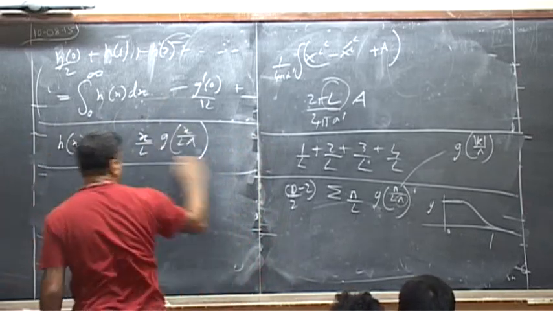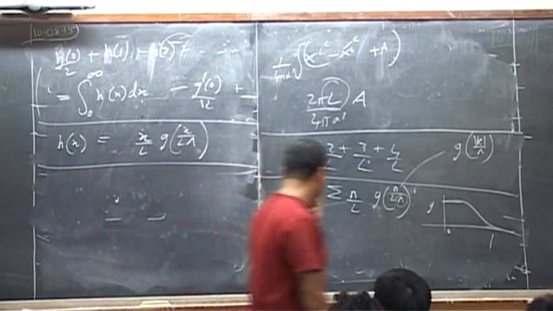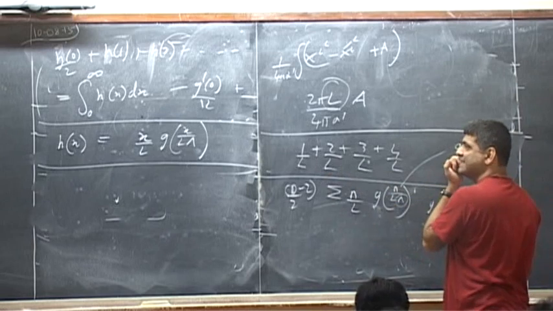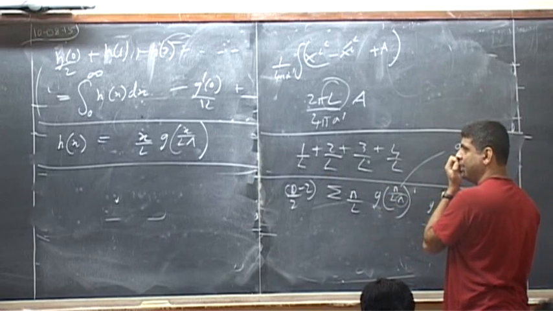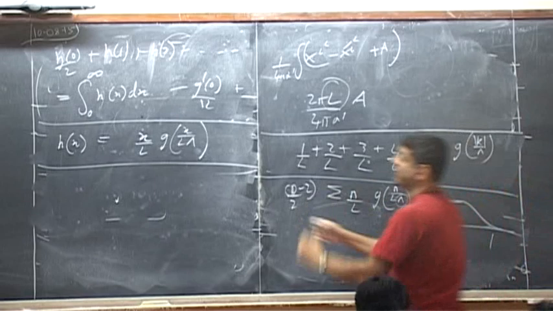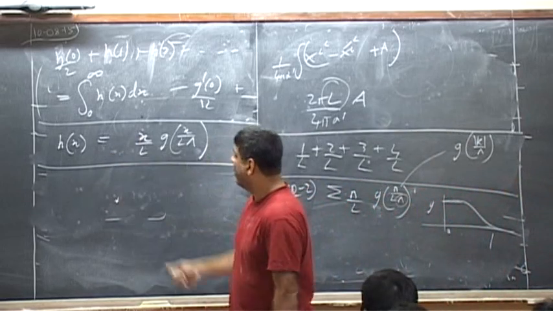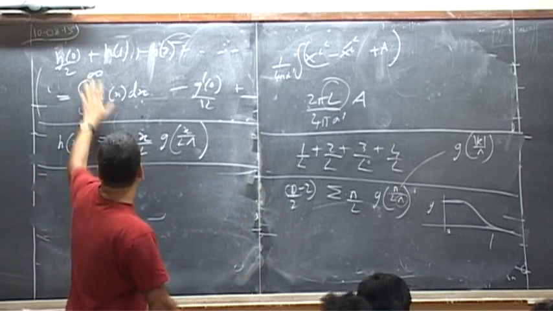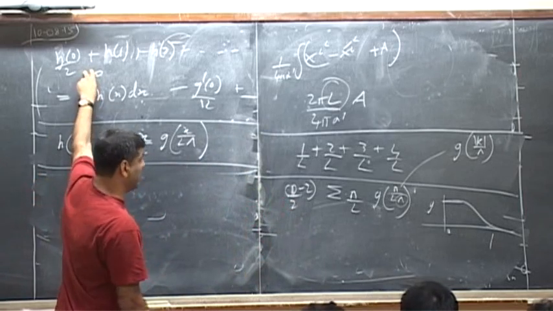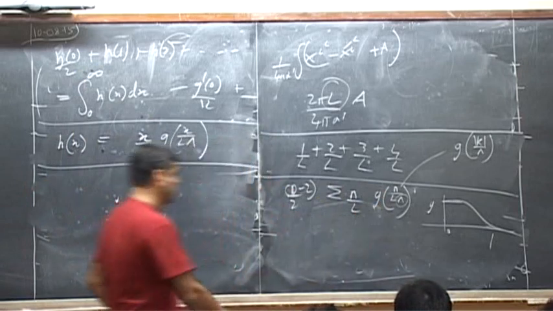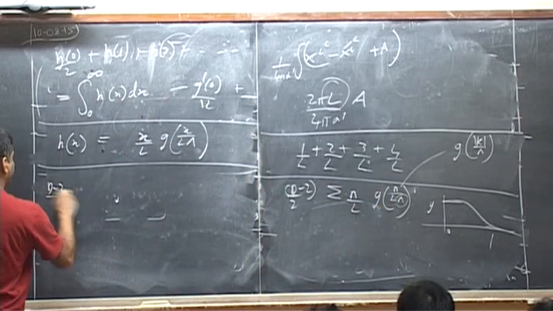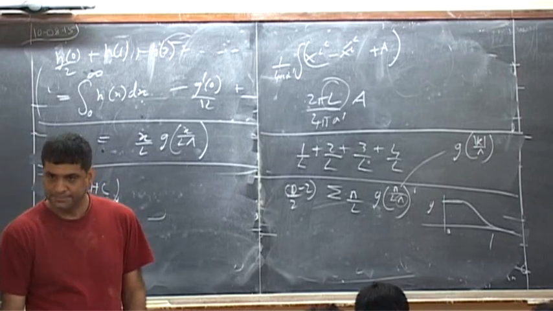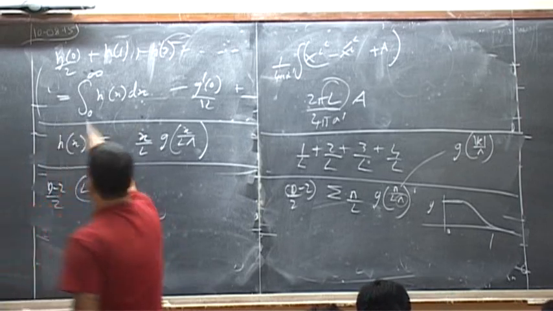Okay. So now what we're going to do is the following. We've got this situation here. The left-hand side of this Euler-Maclaurin formula is exactly what we need here. So what we want is d minus 2 by 2 times L. You might ask, what about this factor of 2?